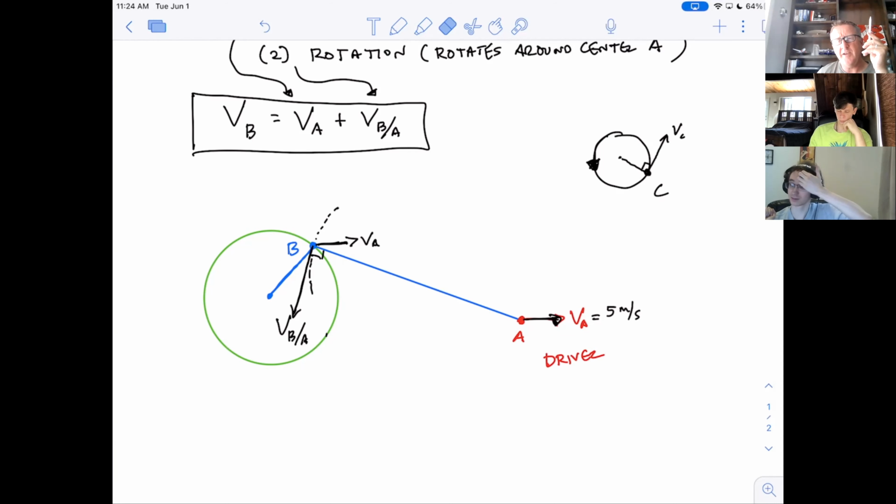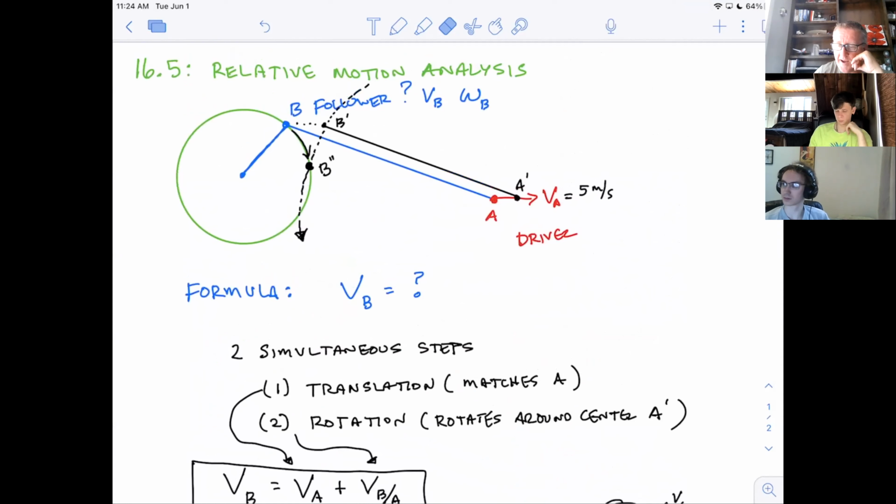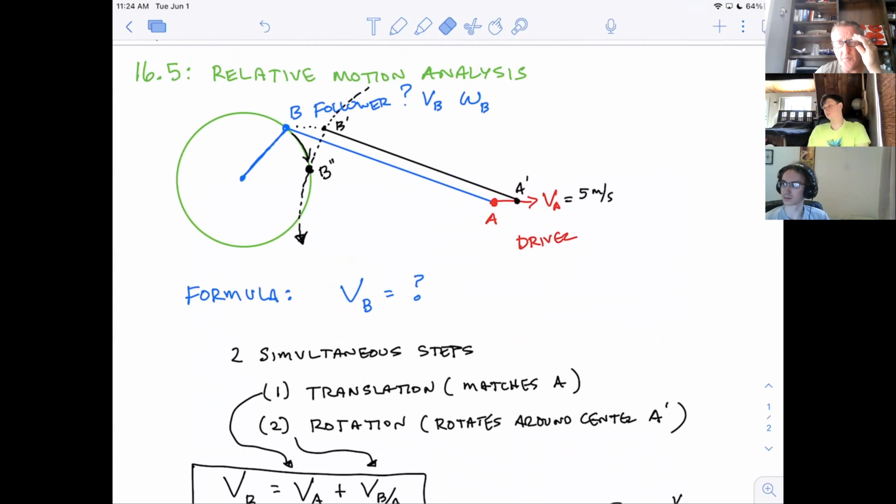And so it'll take you a while to get straight which one was which. And right now, the example that I just gave, the A was the driver and the B was the follower, but we have the same exact set of problems that work the other way. What if B was the driver and A was the follower? It's still the same, but it's just going to feel a little weird.